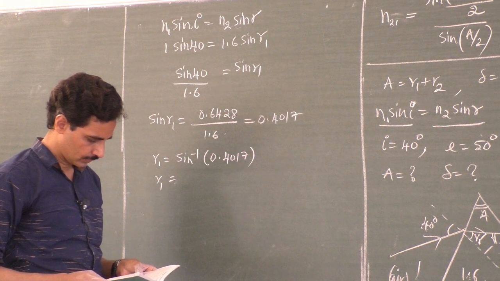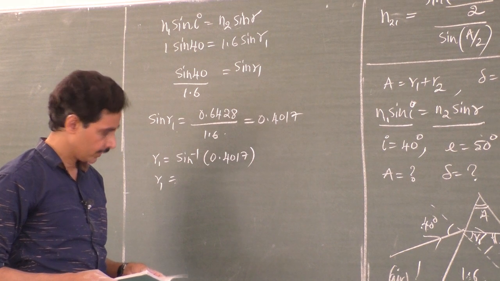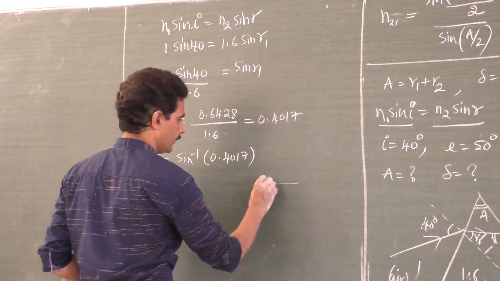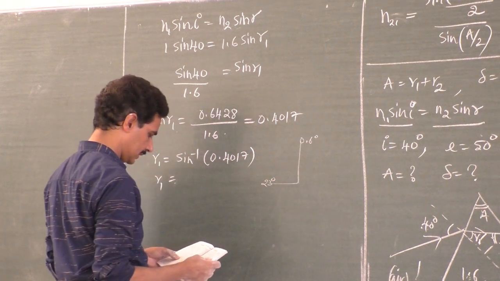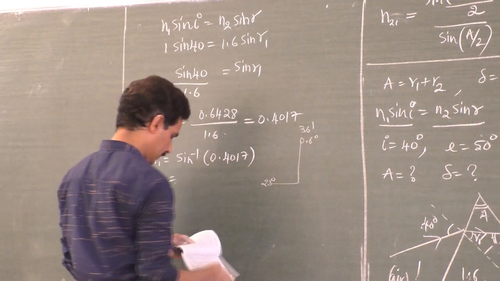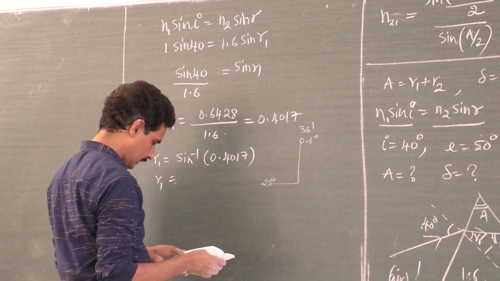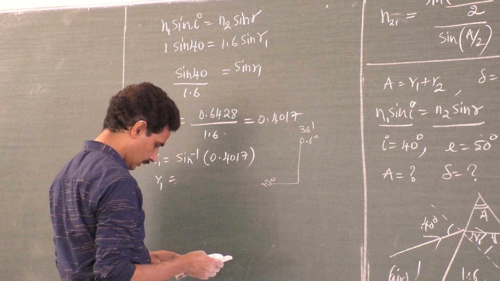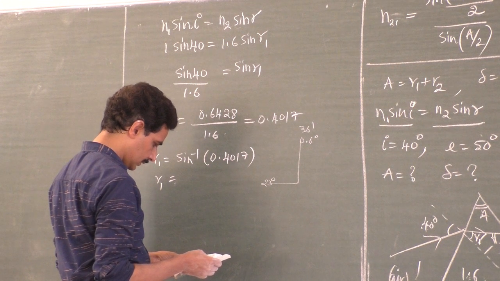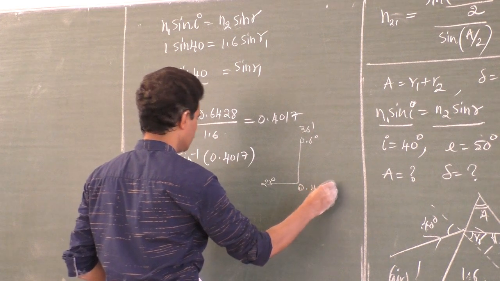So it is at 23 degrees, 0.6 degrees, which means 36 minutes. In the 23 degree row and 36 minutes column, you have 0.4003. That is enough for us.